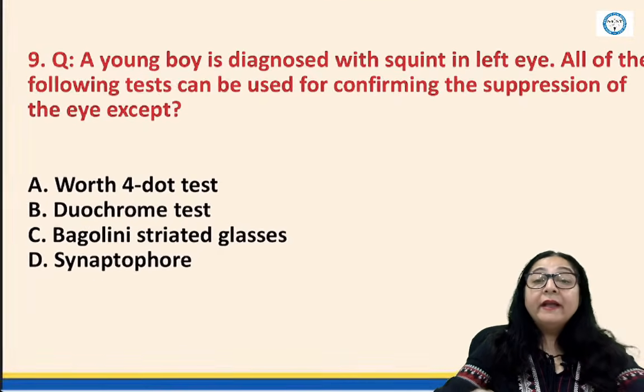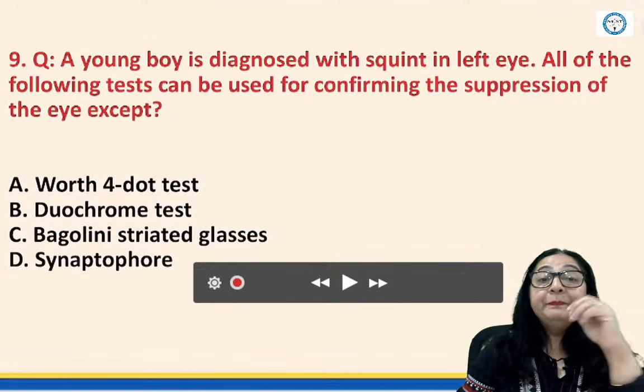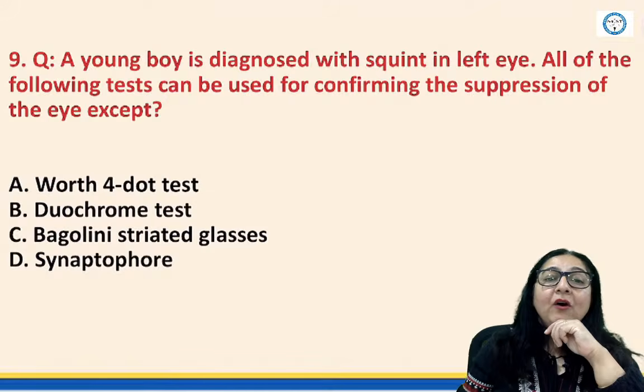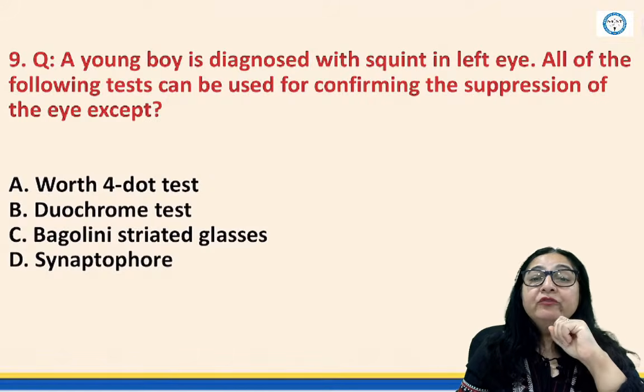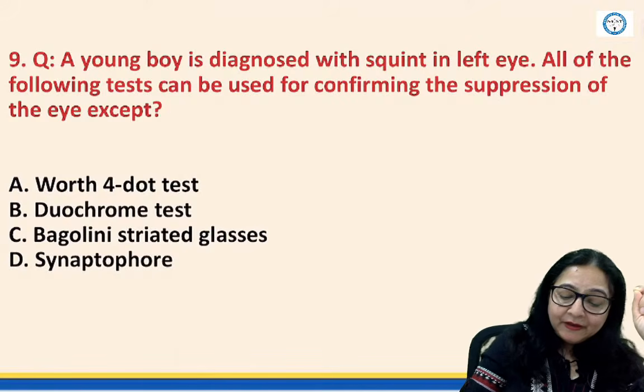A young boy is diagnosed with squint in the left eye. Okay, so there is a patient who is having squint. All of the following tests can be used for confirming the suppression of the eye except.